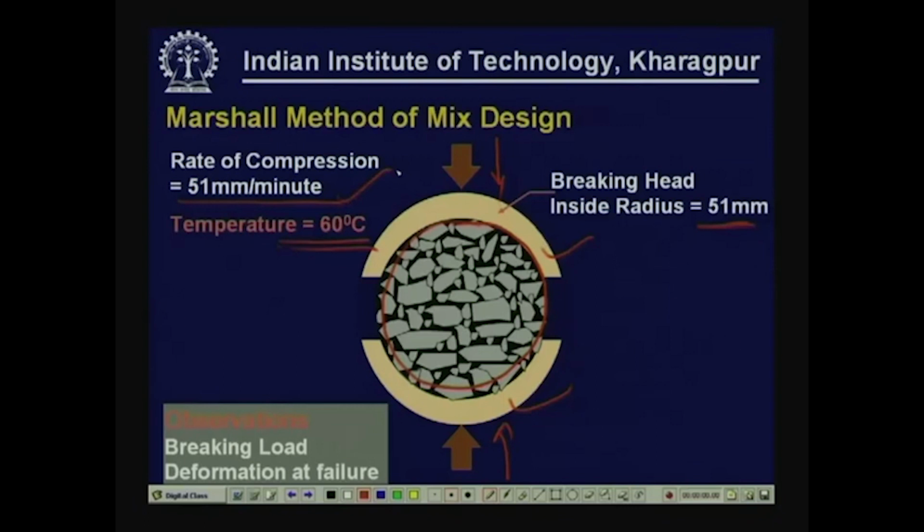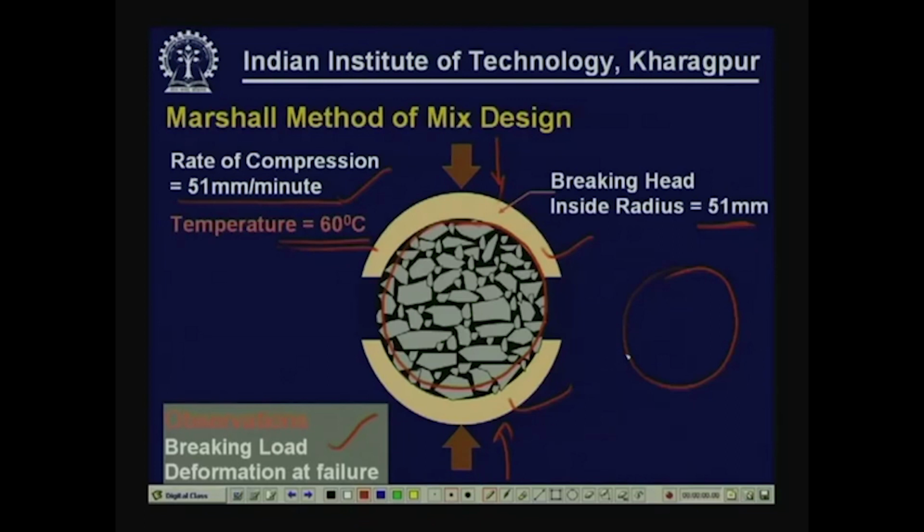What we observe is the load at which the specimen breaks. Either in a proving ring or in a dial gauge or in any automated measurement, we see the load increasing. Then after a certain stage, once the specimen fails, the load starts decreasing.